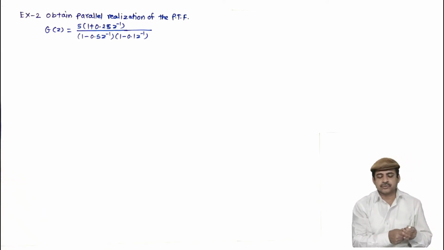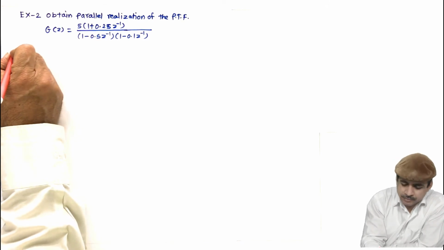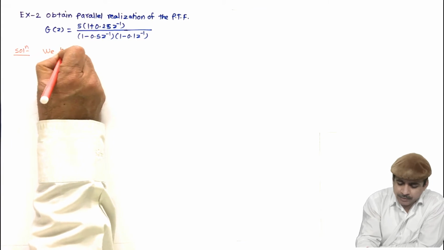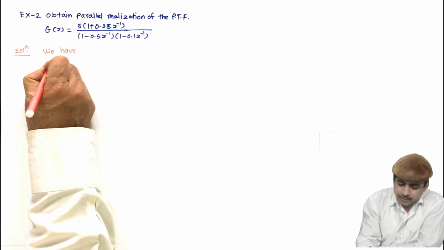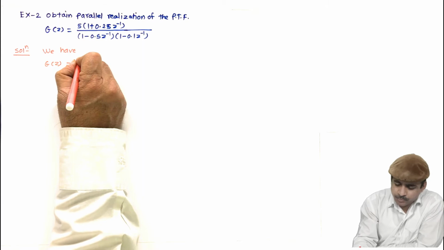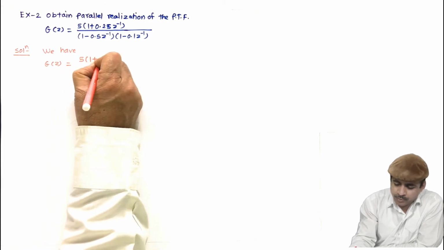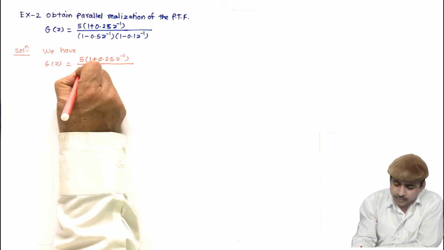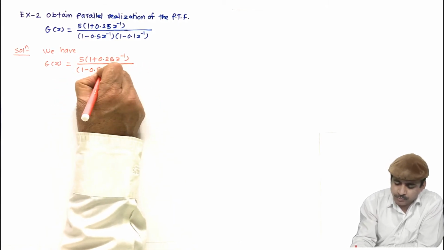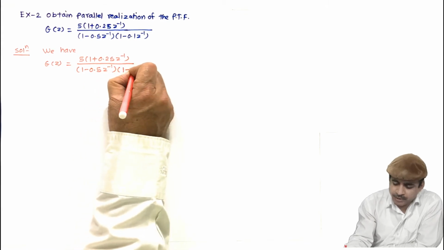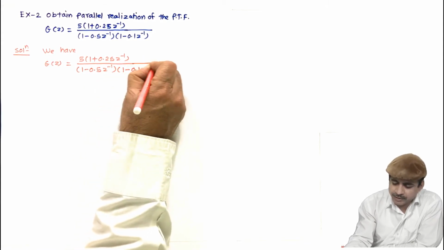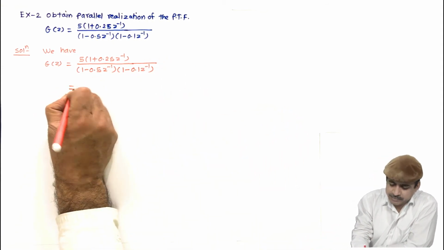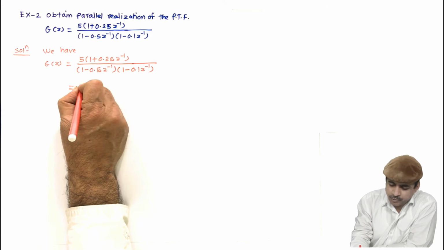So let us start solving this one. We have g of z equal to 5 into 1 plus 0.25 z raised to minus 1 upon 1 minus 0.5 z raised to minus 1 into 1 minus 0.1 z raised to minus 1. So first let us expand this and then convert it into positive powers of z.